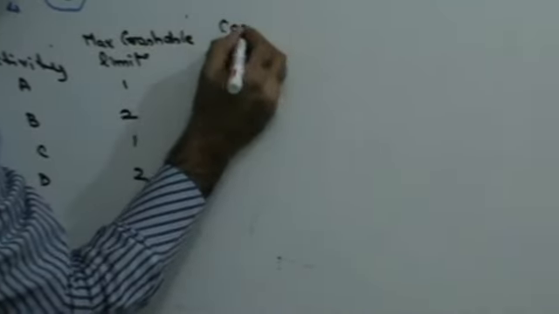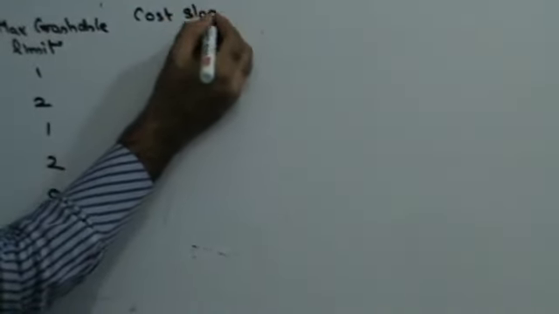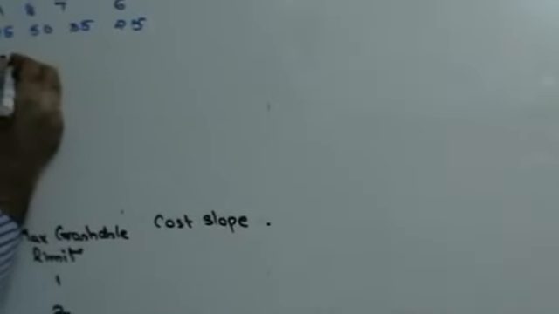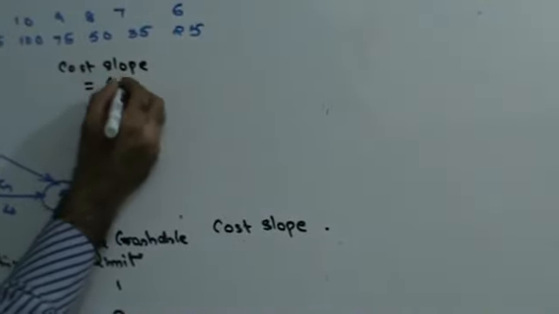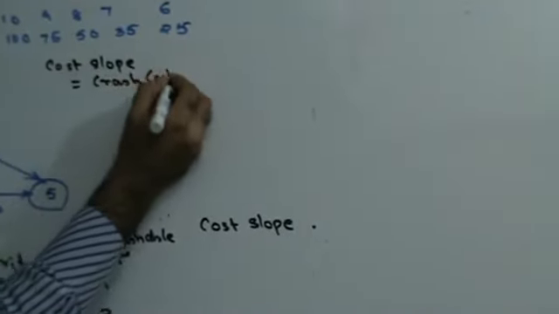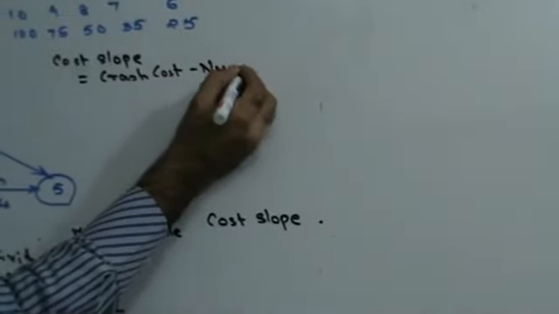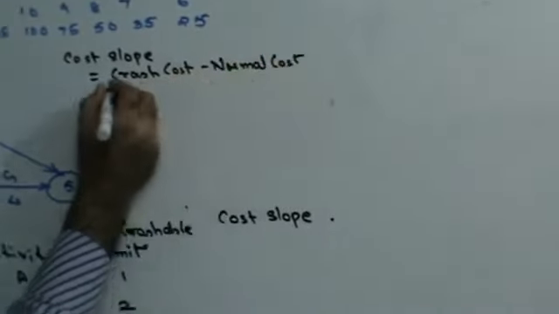Then I have to find out the cost slope. What is cost slope? Cost slope is given by the formula: crash cost minus normal cost, divided by normal time minus crash time. I'll write this formula down here.